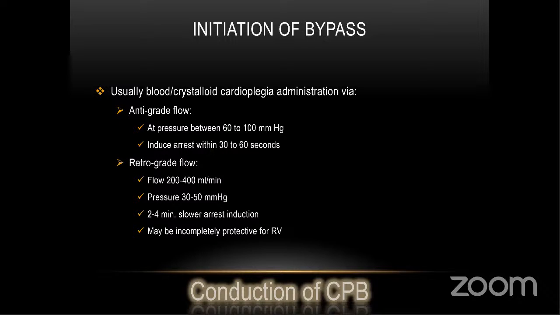Retrograde cardioplegia flow is 200 to 400 ml per minute, and the pressure should be between 30 to 50. It's usually 2 to 4 minutes slower in arrest induction than antegrade, and may be incompletely protective for the right ventricle.